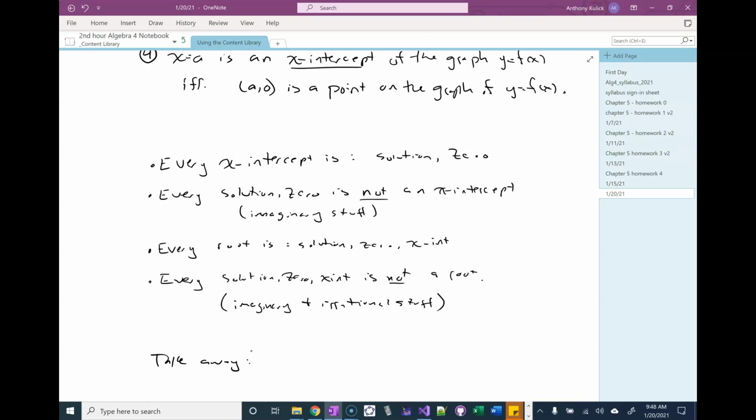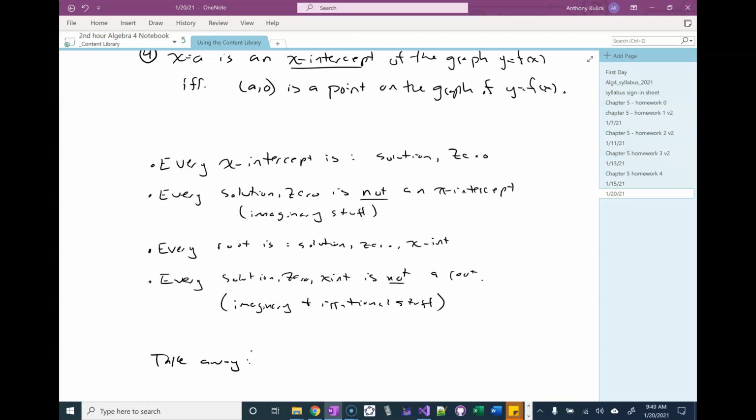It's going to be the x-intercepts. Why? You can just graph it on your calculator and look at the picture. It doesn't require you to do anything other than that. Everybody agree with that?